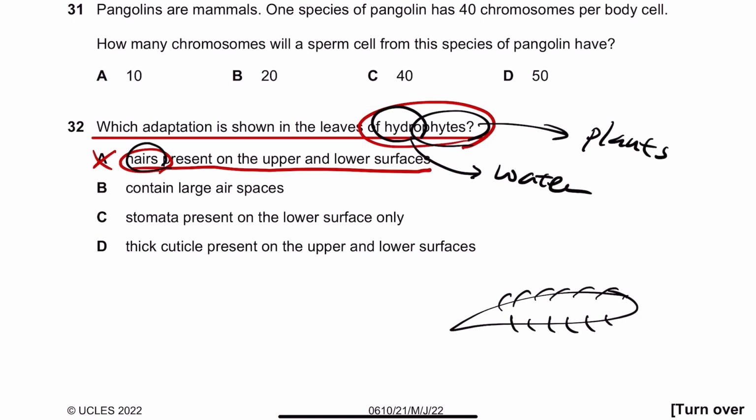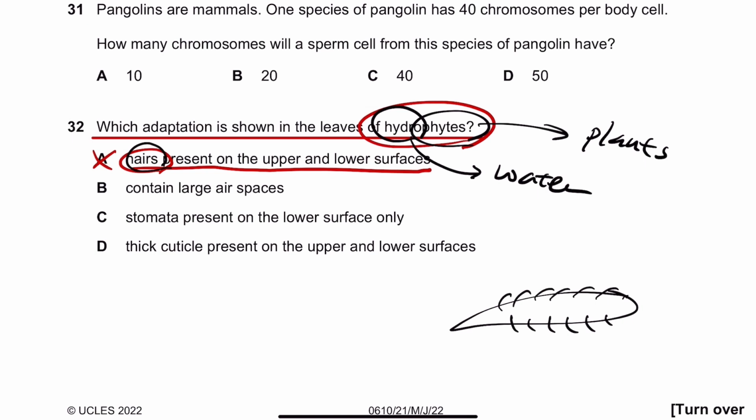So the hairs trap the water vapors around the leaves. But the hydrophytes are not lacking water, right? They've got plenty of water, so A is not the right answer.